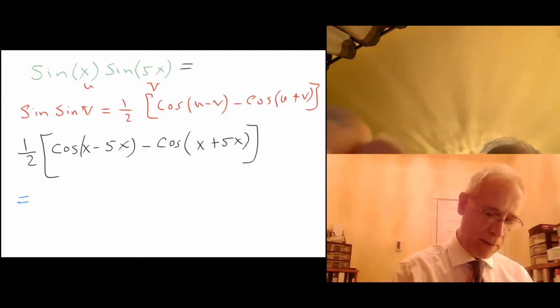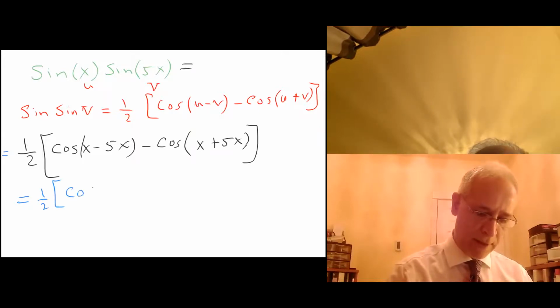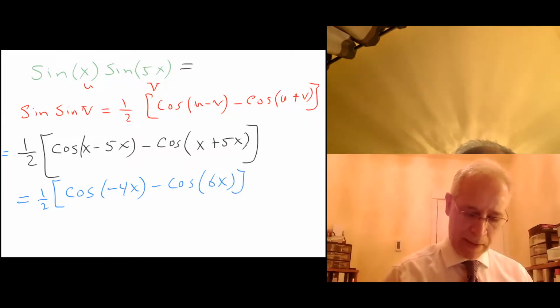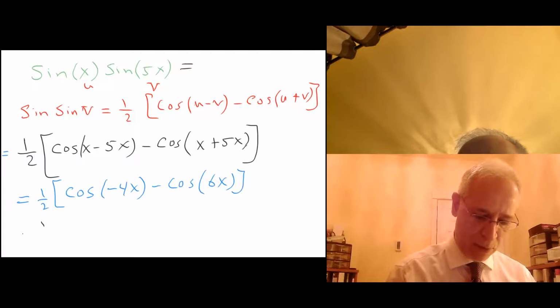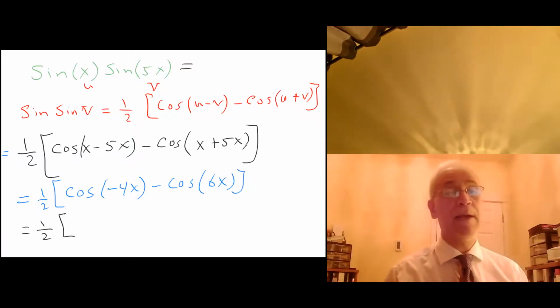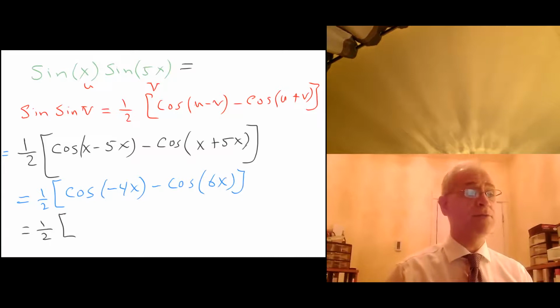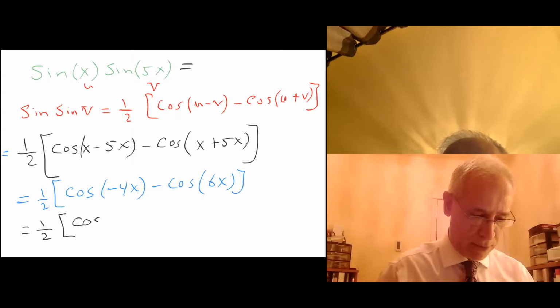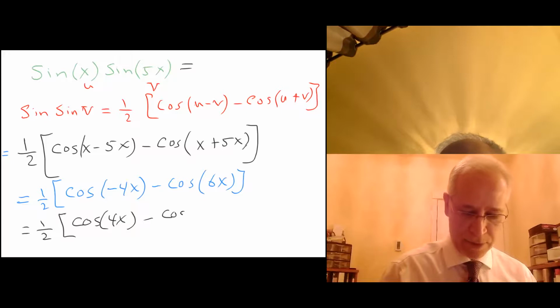Equals 1/2 cosine of minus 4x minus cosine of 6x. And one baby step here is to remember that cosine is an even function. Cosine of minus 4x is the same as cosine of 4x. So I get cosine of 4x minus cosine of 6x.